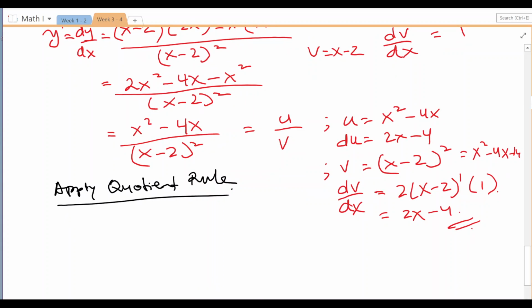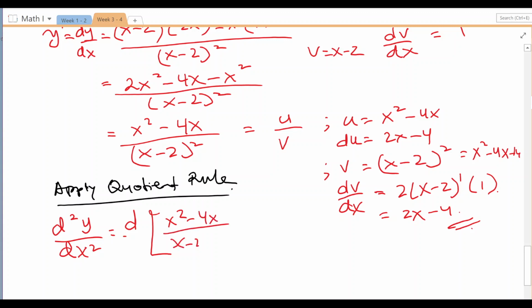The second derivative d²y/dx² equals the derivative of (x² − 4x) over (x − 2)² with respect to x.